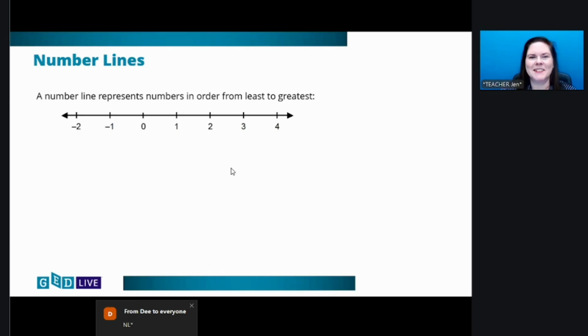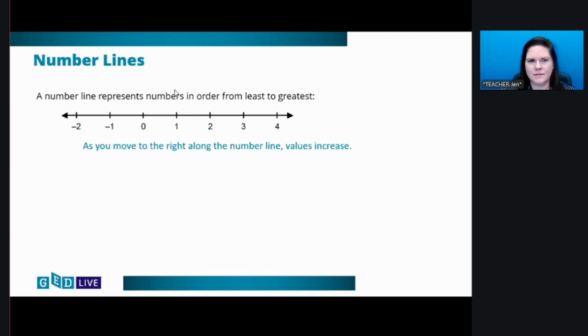Oh, good, D. Awesome. And notice that as the numbers move to the right, the numbers get bigger and bigger and bigger. So, I mean, we have 1 here, and then 4, and then 10 would be somewhere up here, and then 30, you know? So moving to the right on the number line, the numbers get bigger.